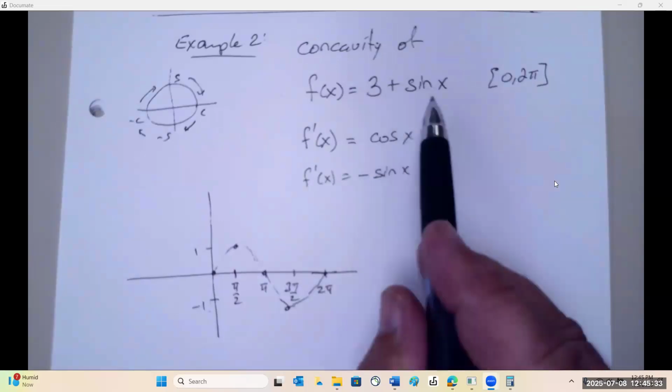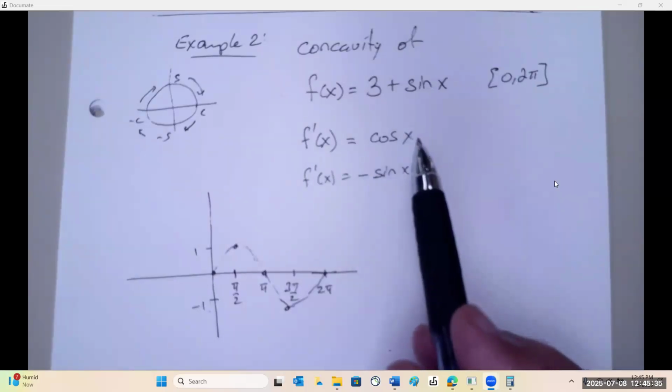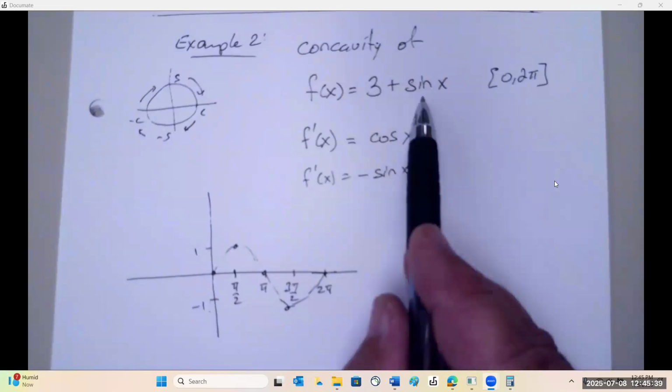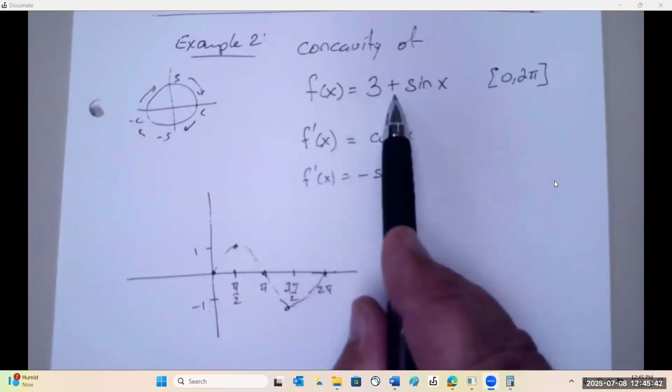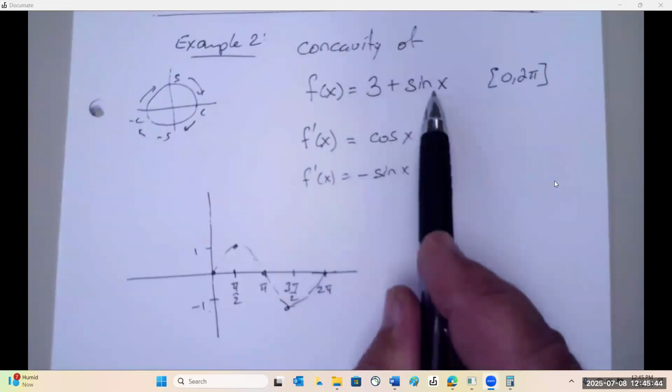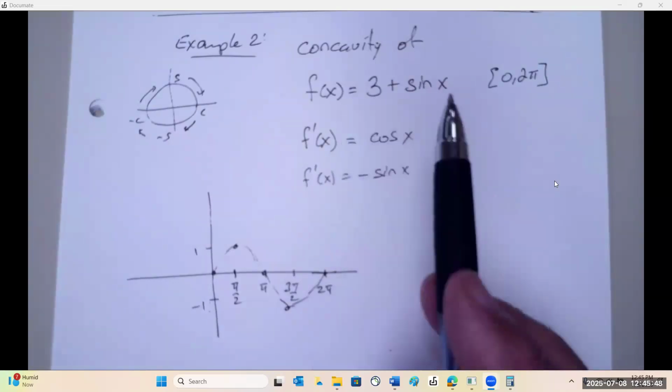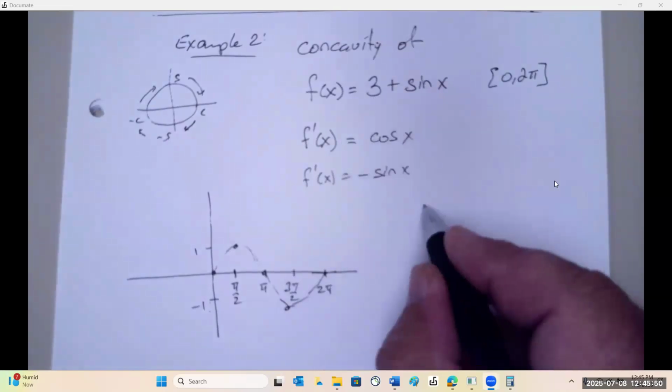But our function tells us to do what? Our original function, we're transforming it. Does it shift anywhere? No. So all it does is go up 3 spaces.